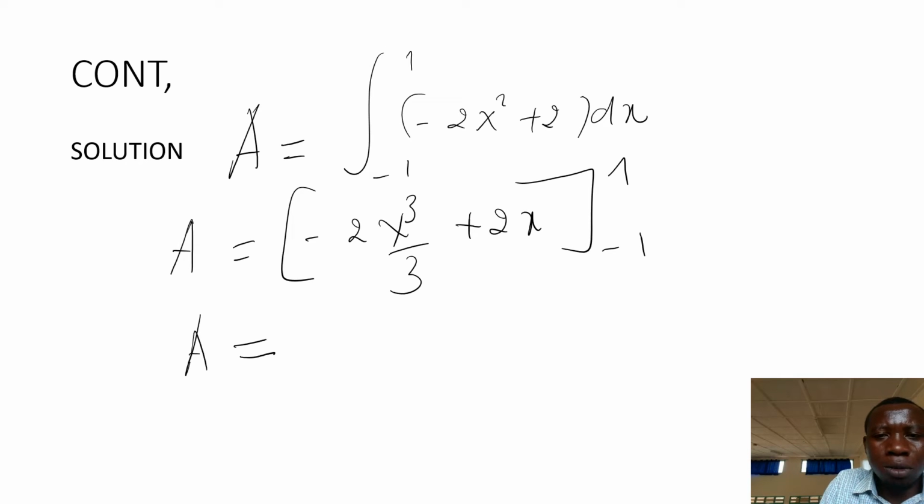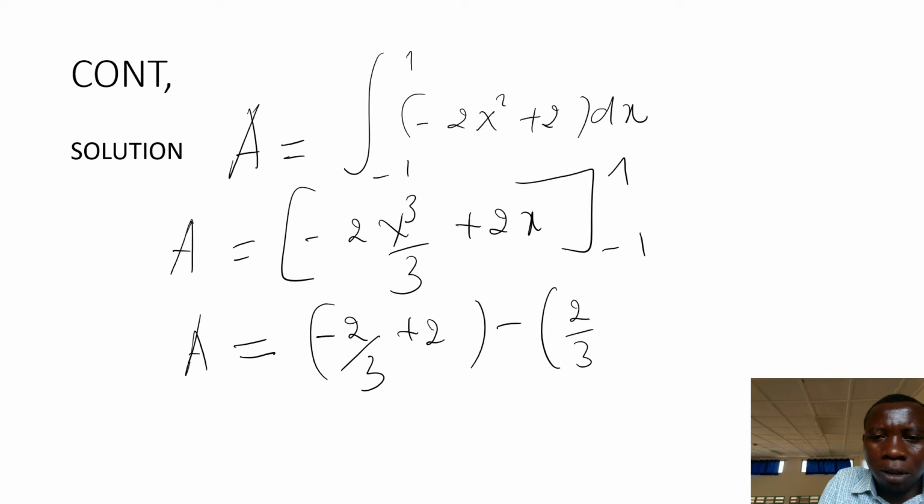When we replace with 1, the upper limit, in the antiderivative, we get negative 2 over 3 plus 2, minus, replacing the lower limit in this antiderivative, negative 2 over 3 minus 2 with signs worked out, giving 2 over 3 minus 2.